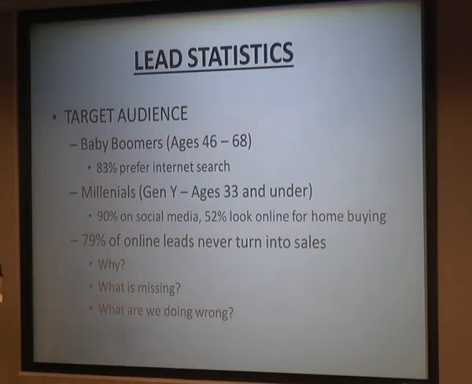Now, where are they getting a lot of those domains and a lot of those URLs? Probably from social media advertising from agents. Okay, every time you post a listing, every time you post an open house, you should be following that up with your domain name so you can send individuals to that website to where they can continue to search for property and hopefully to register and become a lead.